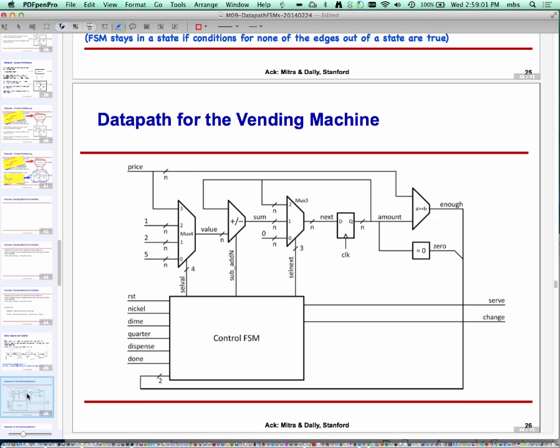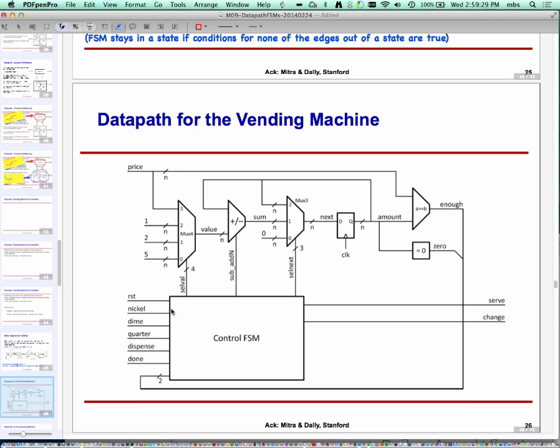Okay, so now the data path. The strategy is you have to start developing a high level sketch of what the two sides are going to look like, and then gradually refine them. So we have a data path, and that data path is going to talk to the control machine, the controller. This control FSM is what we designed, what we laid out in the previous slide.